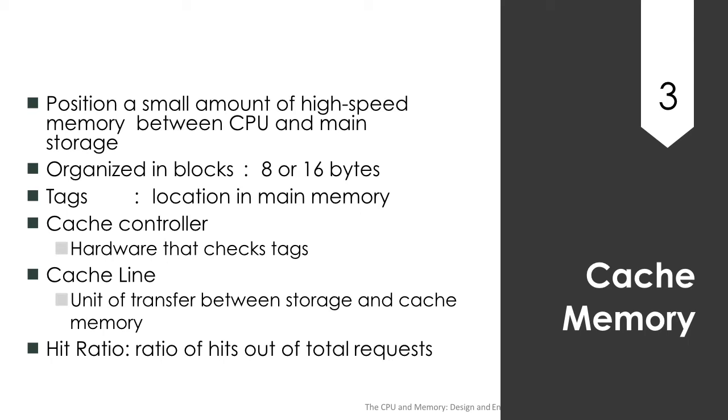And the cache line is the unit of data transfer, or how much data is being transferred between the cache and the main memory. Normally, the cache line is 64 bytes. And cache hit ratio is used to measure how many content requests a cache can deliver successfully from its cache storage to the CPU.